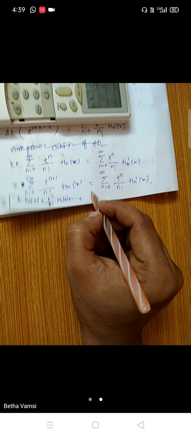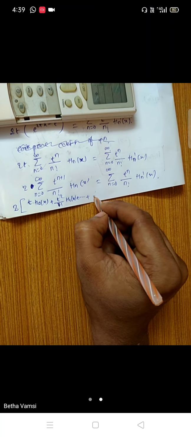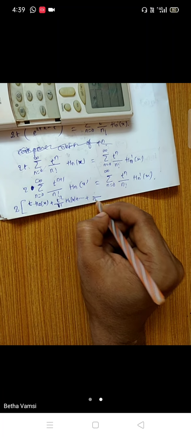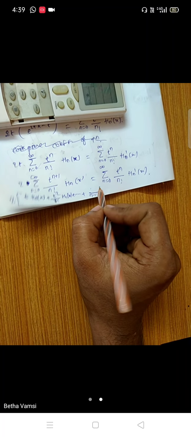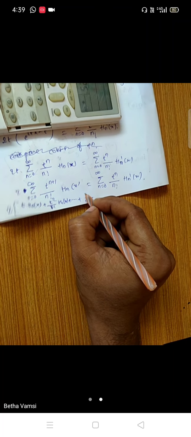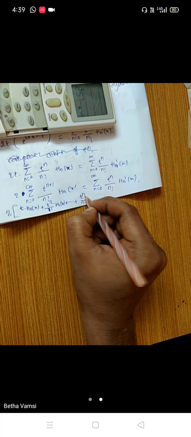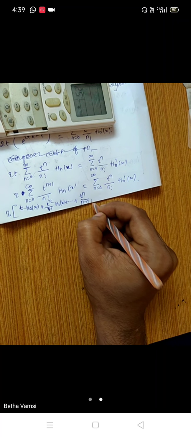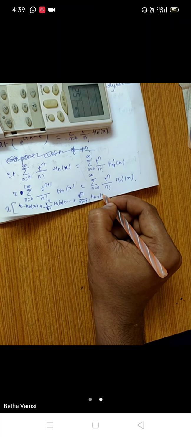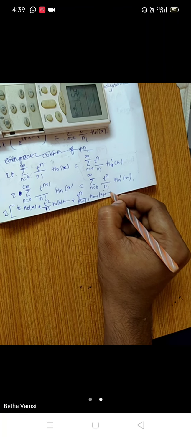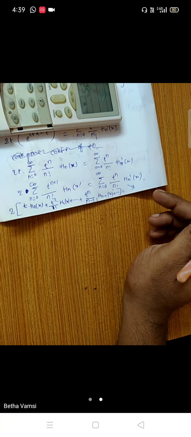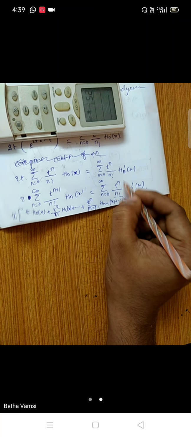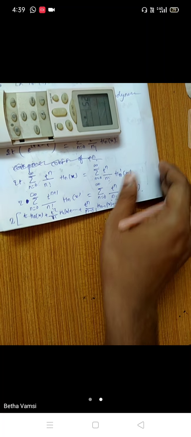So at the n minus 1th term, we will get t power n by n minus 1 factorial H n minus 1 of x, up to and so on. Then you get this summation, right? Then compare the t power n coefficients on the left hand side.